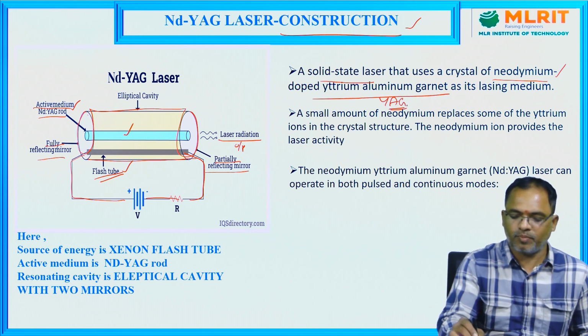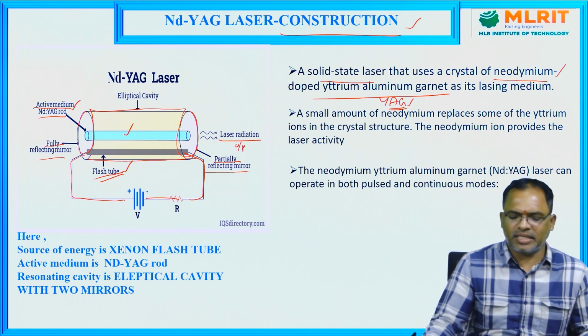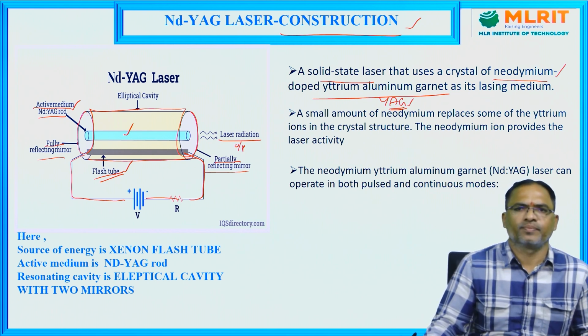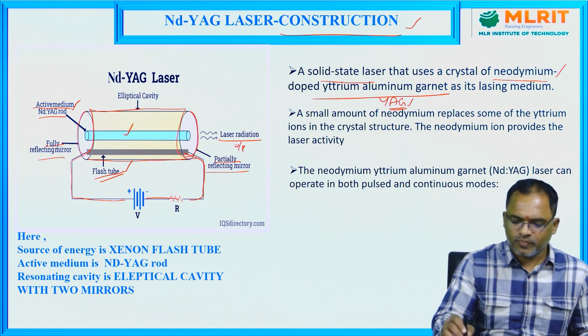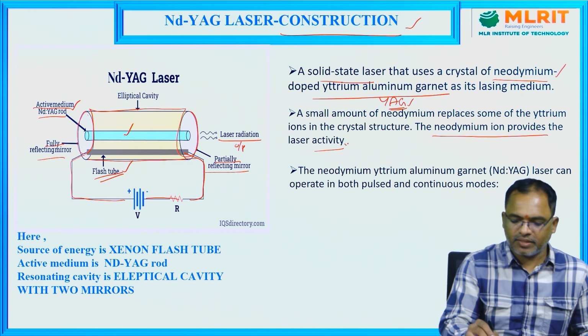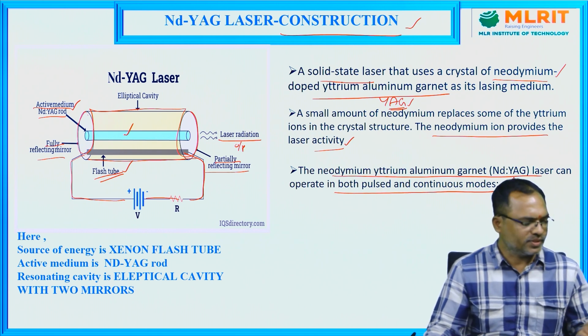That small proportion of neodymium as an impurity will change the energy levels of it drastically, as a result of which laser transitions are possible between these energy levels. Okay. Now, neodymium provides the laser activity, which is an active ion or active atom. It is capable of operating both under pulsed and as well as continuous mode. That is about the construction.